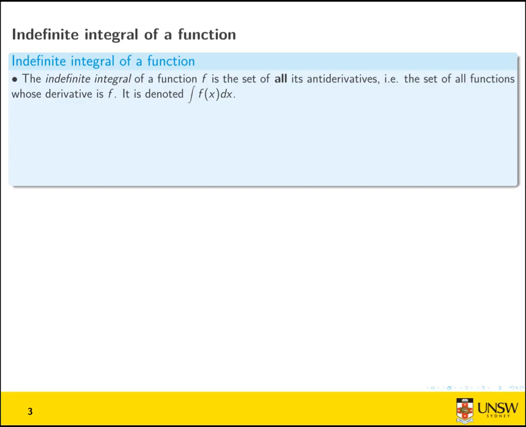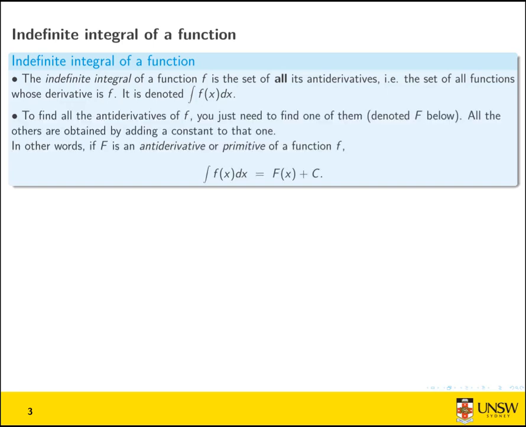There is a symbol for that. This part looks like an S, and we'll see later on that it comes from a sum. The dx here, for now, just reminds you that the variable of interest is x. So if you want to find all the antiderivatives of a given function f, here is the method. You need to find one of them, just one, which I call capital F down there.